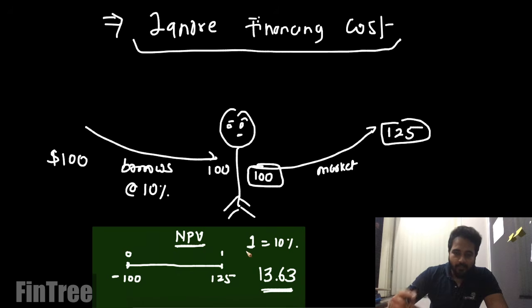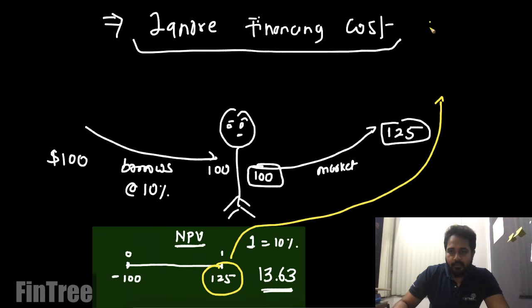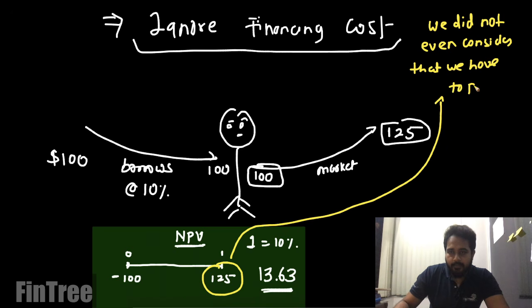Notice what happened, and this is probably the most important point we take away from this: we did not even consider that we have to pay $10 to the bank, in brackets, in cash flows.